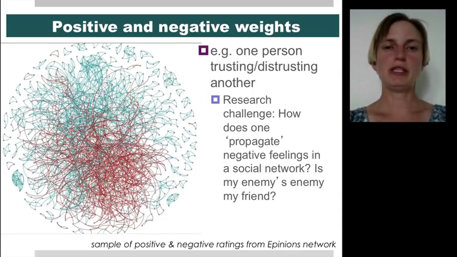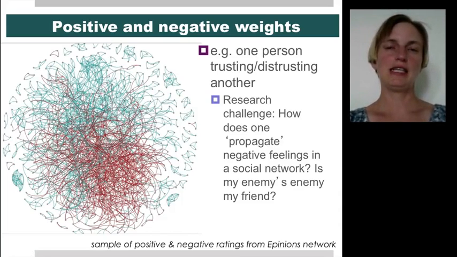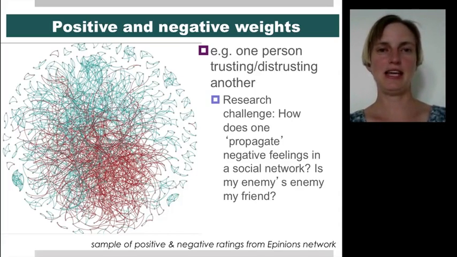Now in this fragment, you can see that there's a negative community here of lots of people distrusting one another that's tied to a community that primarily trusts. And there are very interesting research questions around this. For example, if you look at sets of 3 people, is it true that an enemy of an enemy is my friend or not? How does this play out in the data?